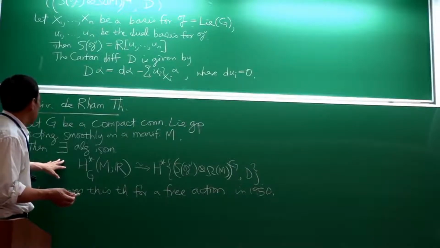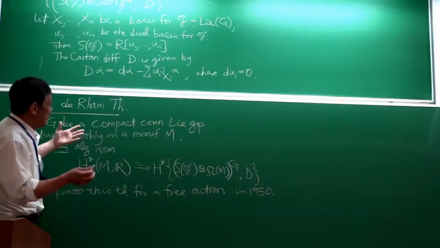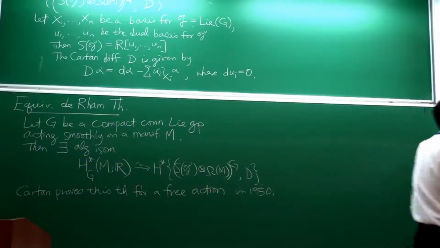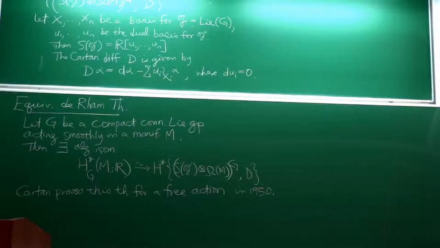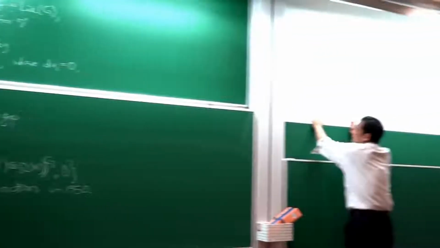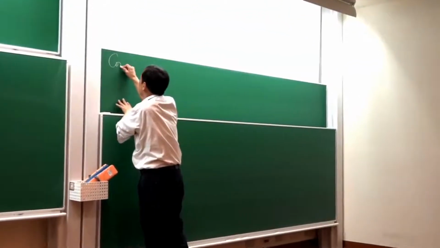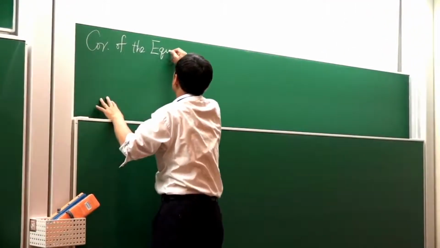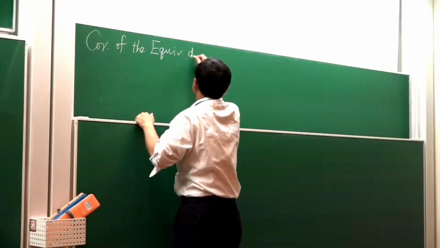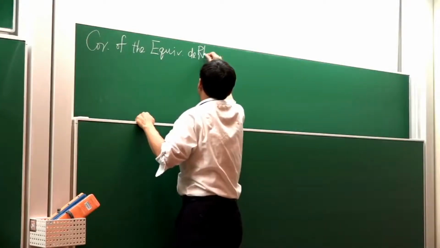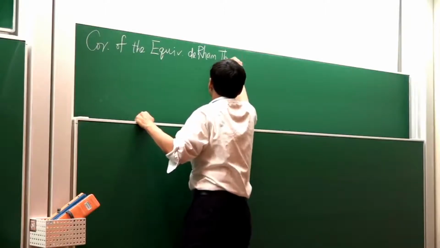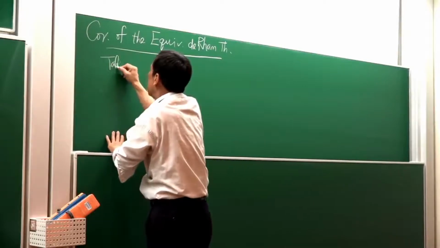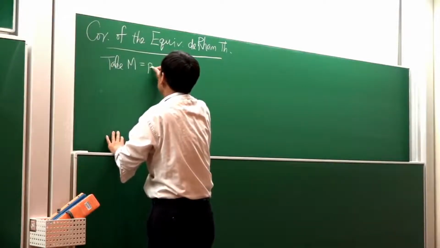So let's apply it to the simplest case when M is a point. Okay? So call it the equivariant de Rham theorem. So let's take M to be a point.